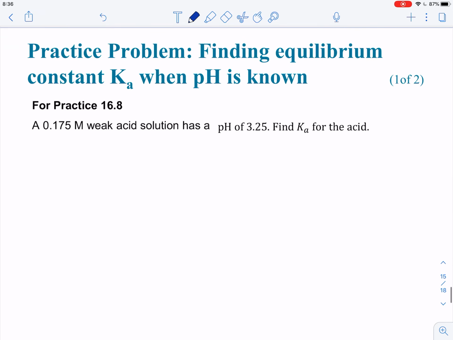Let's do another one. So in this case we have the concentration of H plus is going to be 10 to the negative 3.25, and this is equal to 5.62 times 10 to the negative 4. And 5.62 times 10 to the negative 4 compared to 0.175, you can still assume that is rather small.